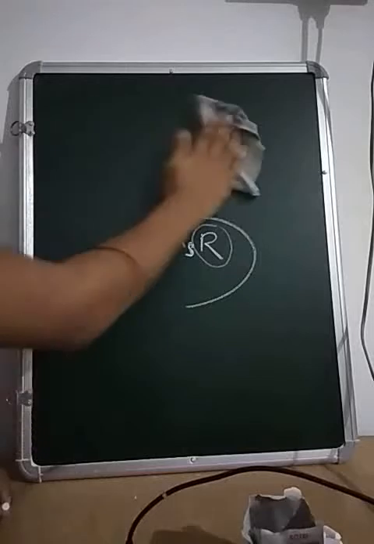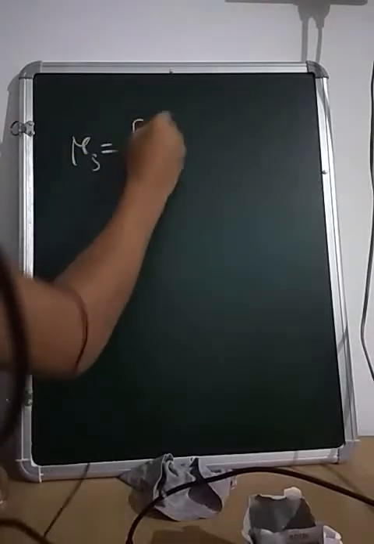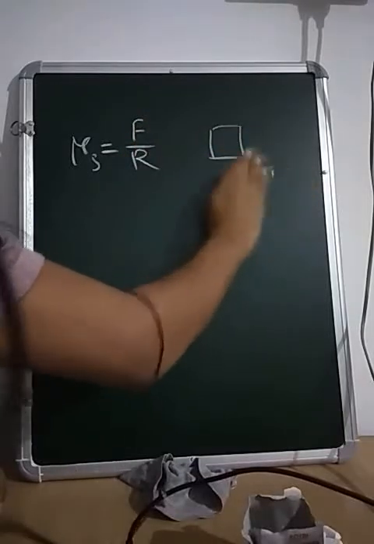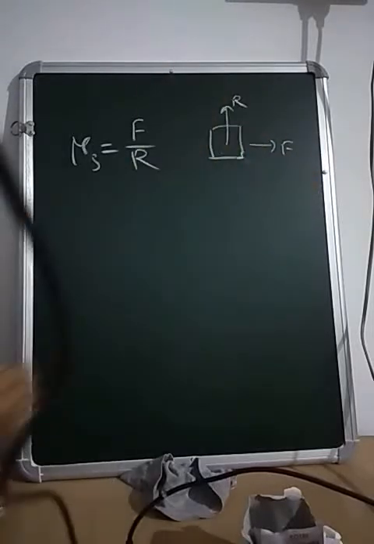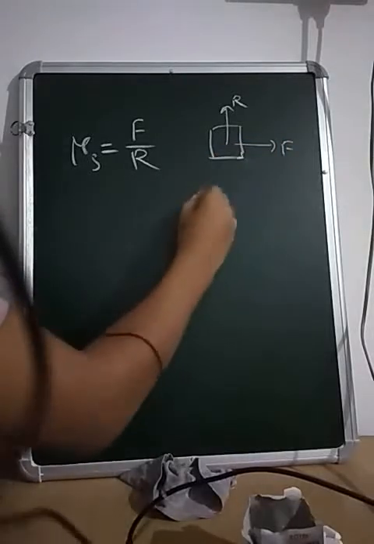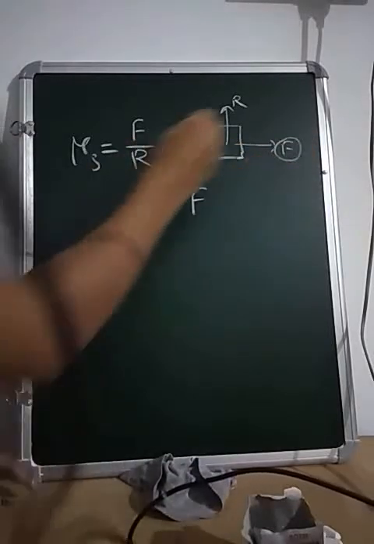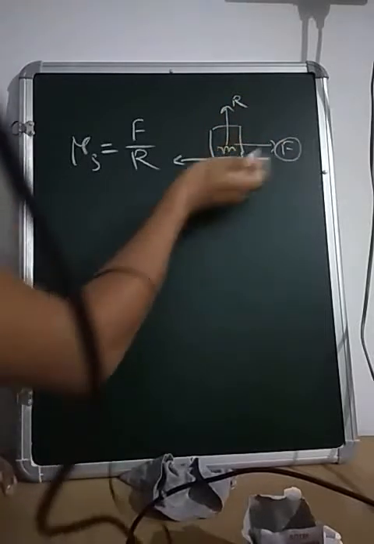Apart from this, we discuss how to represent mu s, which is the coefficient of static friction. Let's say F by R. Suppose this is the force applied in this direction, and this is the normal direction R. So how to represent it? Suppose this is the limiting force required to slide this box of mass m over a surface.